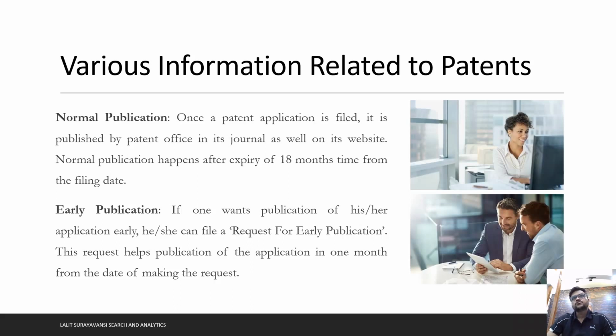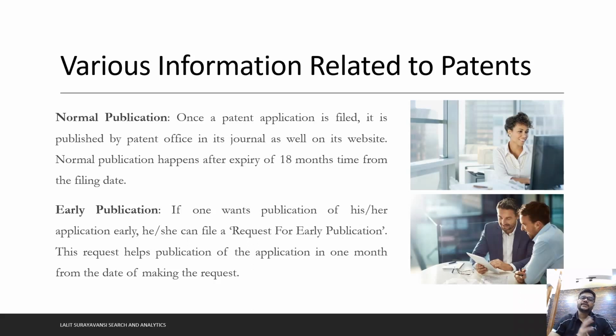But in case you go for early publication, you have to file a form and pay some fees. In the patent office, we have to file Form number 9, and if you are a natural person, you have to pay 2,500 rupees for early publication. Once you make this early publication request, your patent application gets published within 30 days from the date you make the request.